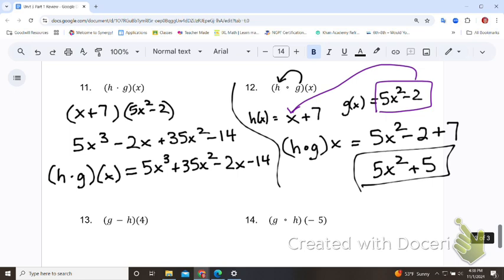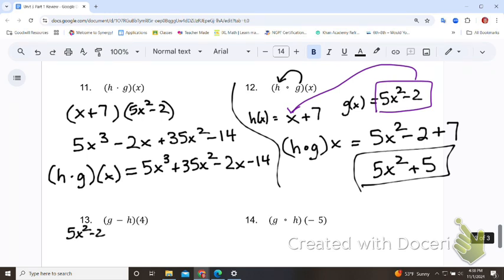I feel like especially for a composite, for number 14, it's definitely easier to plug the number in, but you should get the same answer either way. So for 13, we have a subtraction.